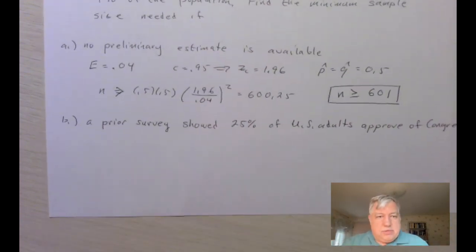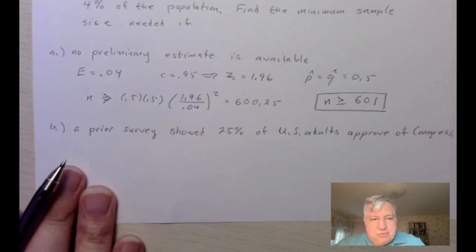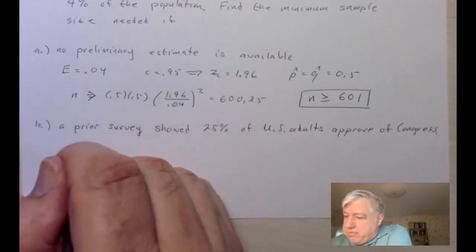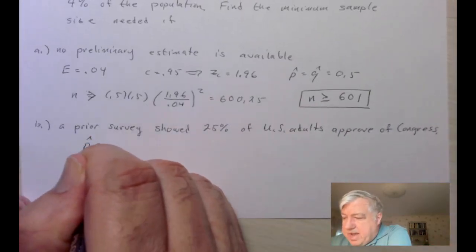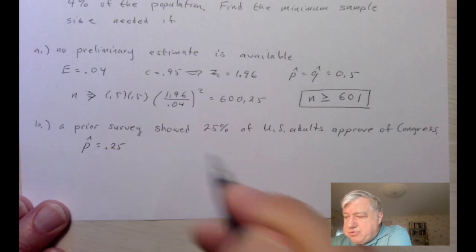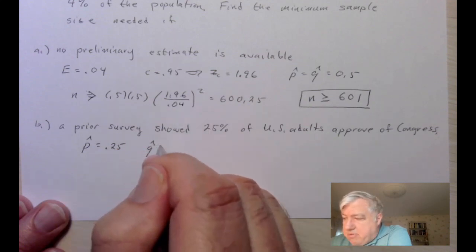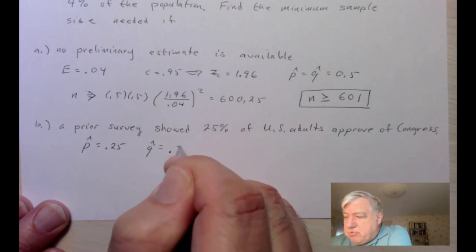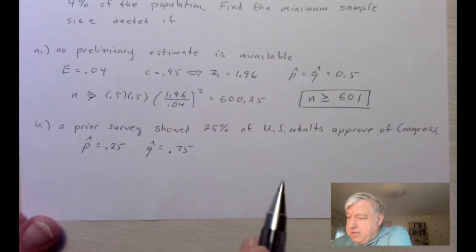All right, now let's say we know that a prior survey showed that 25% of U.S. adults approved of Congress. So now we can let P hat be 0.25, and then Q hat will be 1 minus that, which is 0.75.